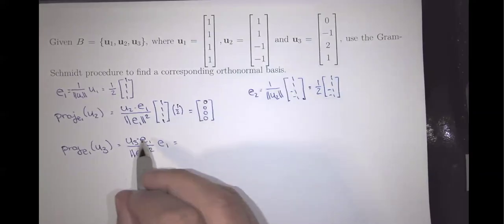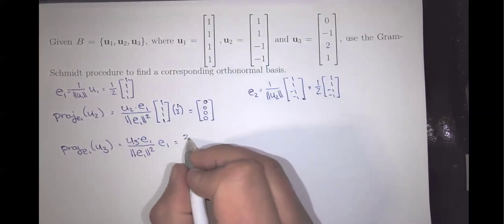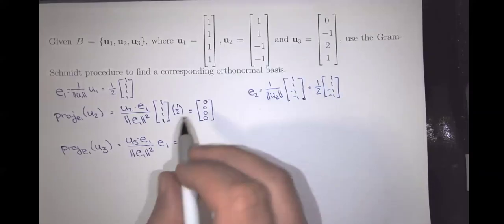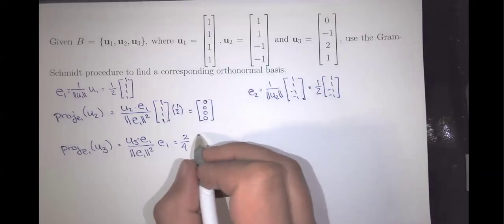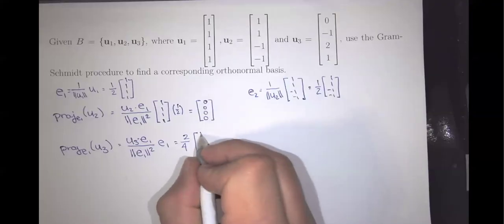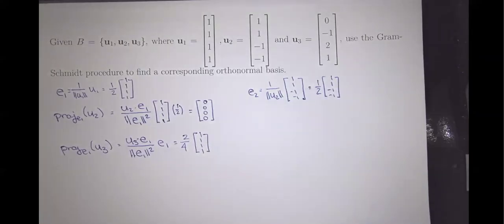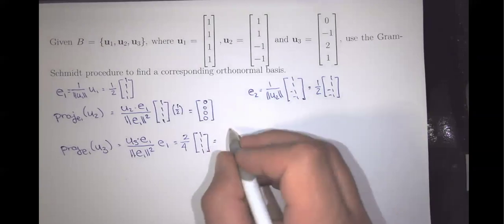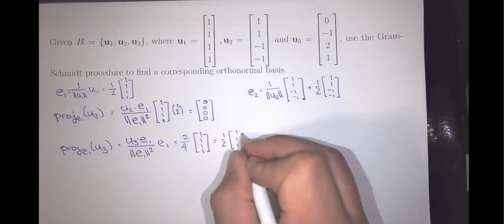So we've got the dot product is 2 divided by 4, because of the coefficients in front of the E1s, times our E1, our direction of E1. And so we get a half times 1, 1, 1, 1.